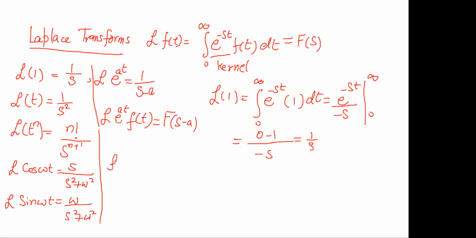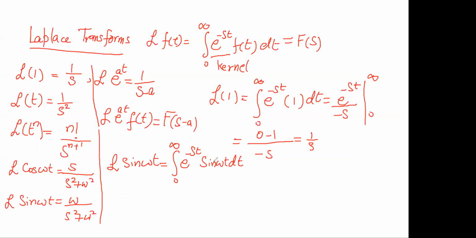Similarly, for the Laplace transform of sine of omega t, we can find out. The Laplace transform of sine of omega t is equal to the integral from 0 to infinity of e power minus st sine of omega t dt.